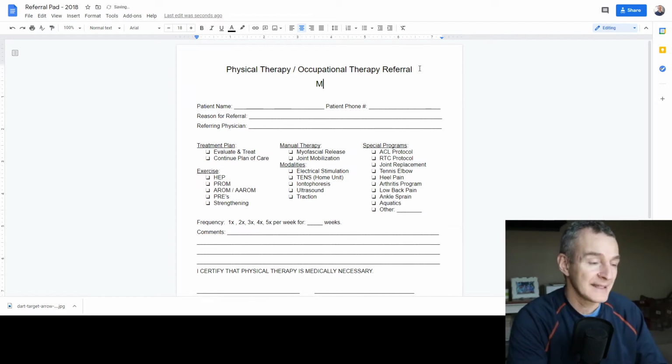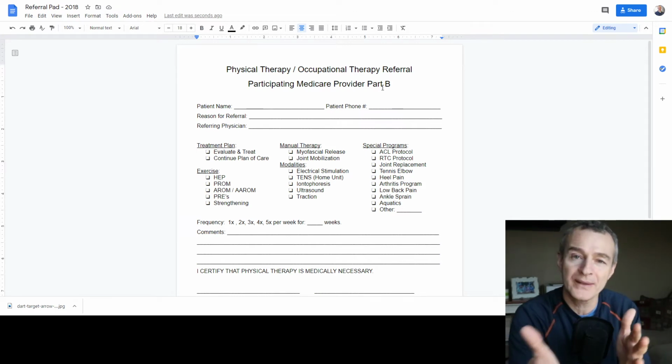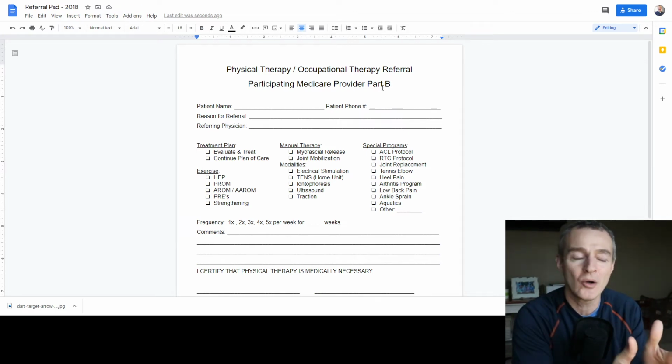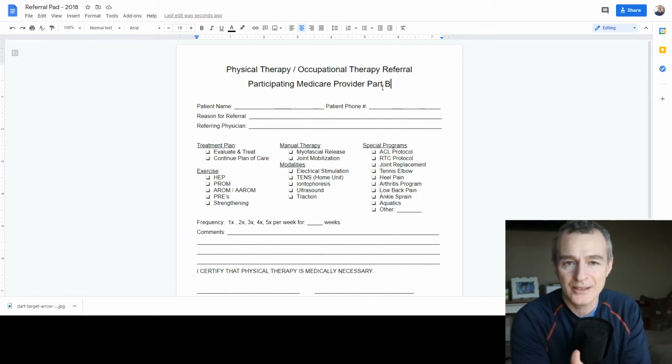I like to indicate participating Medicare provider, Part B. And if you're a mobile therapist treating patients in the home, you might indicate here outpatient Medicare Part B provider, in-home therapy, so that they understand that it's not home health, it's outpatient in the home.